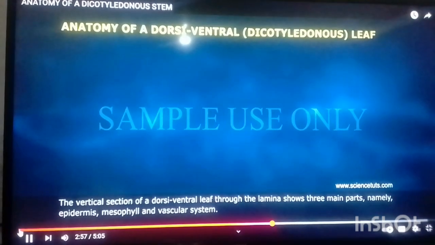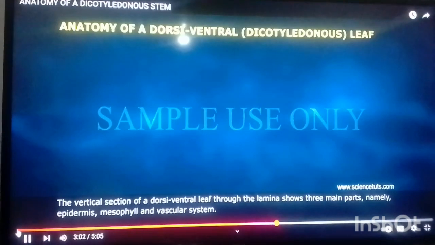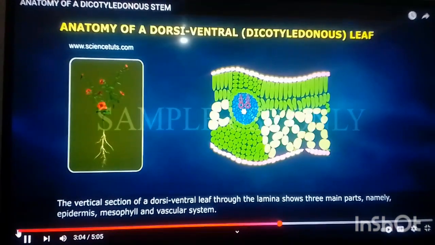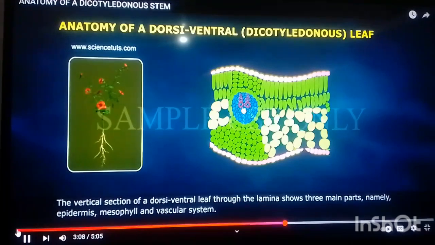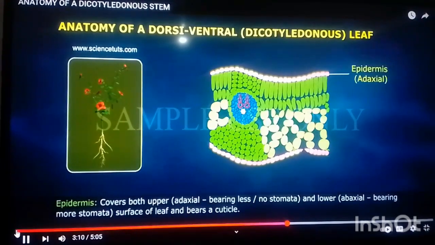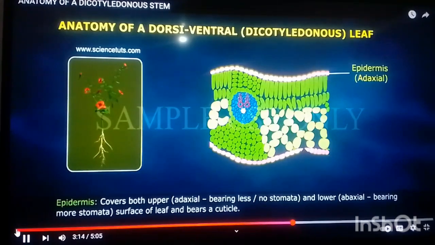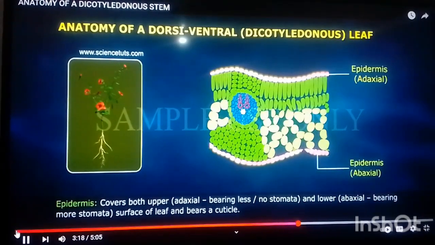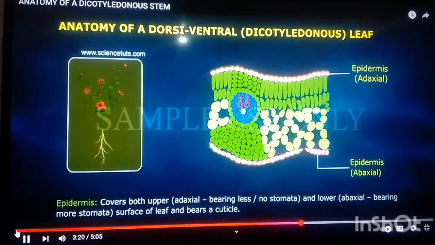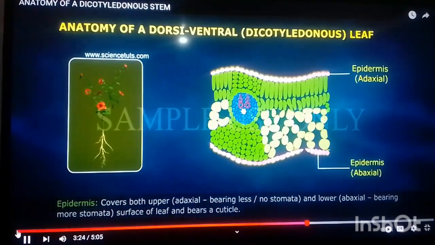Anatomy of a dorsiventral dicotyledonous leaf. A vertical section of a dorsiventral leaf through the lamina shows three main parts, namely epidermis, mesophyll, and vascular system. Epidermis covers both the upper adaxial surface, bearing less or no stomata, and the lower abaxial surface, bearing more stomata, and bears a cuticle.